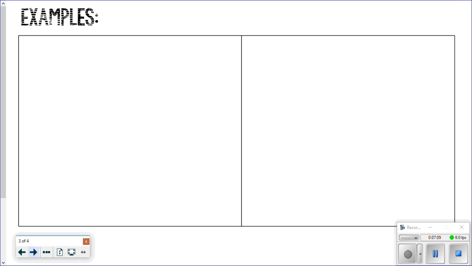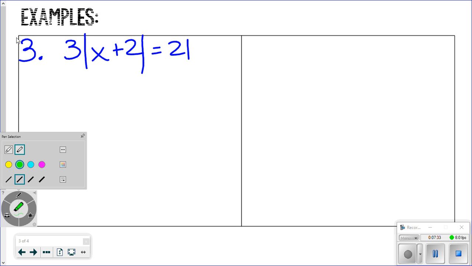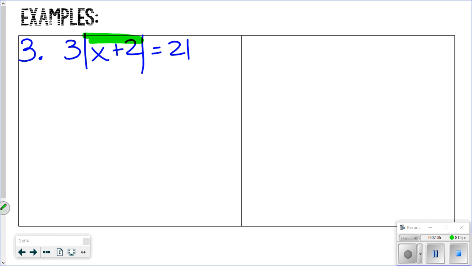All right, next. Question 3. We're going to start with 3 times the absolute value of x plus 2 equals 21. So we are going to isolate the absolute value expression first here, which means I need to get the bars in x plus 2 alone first.